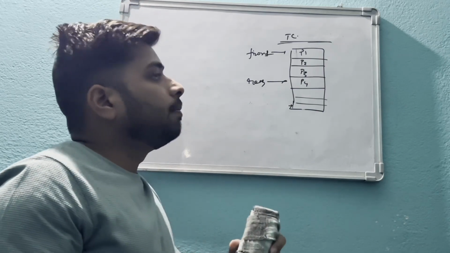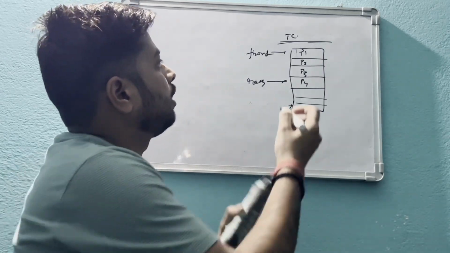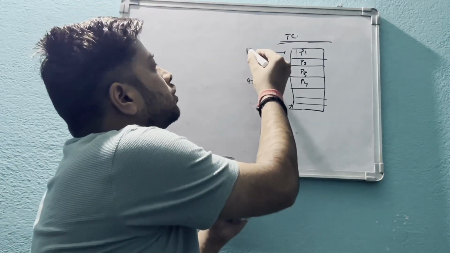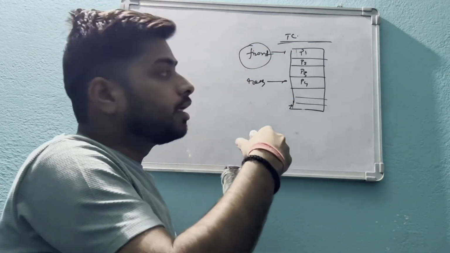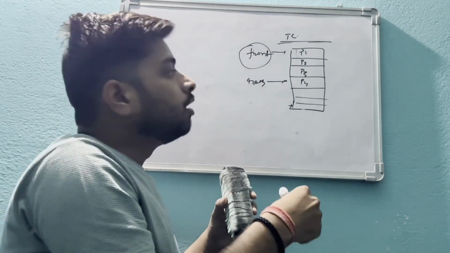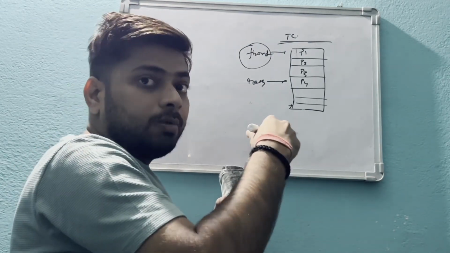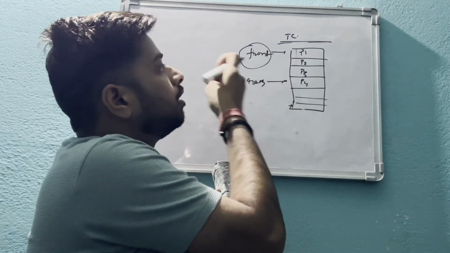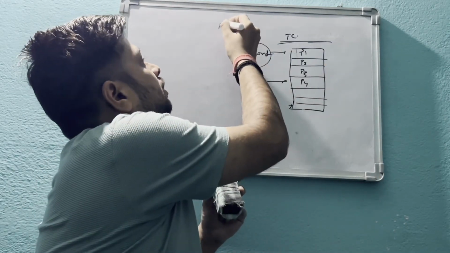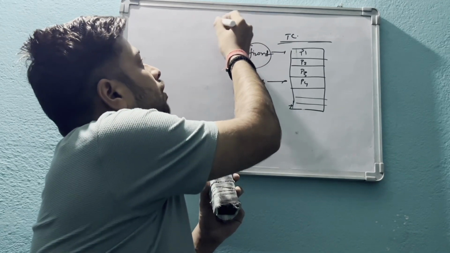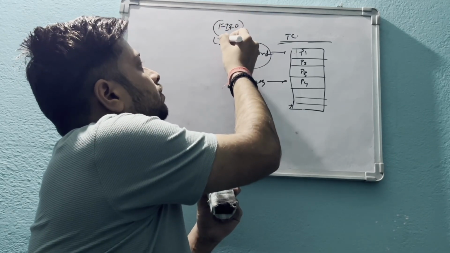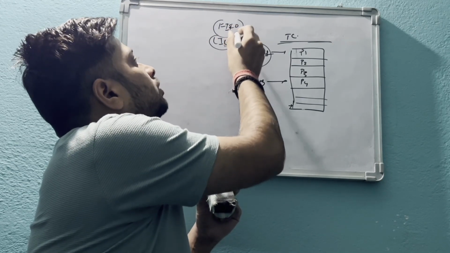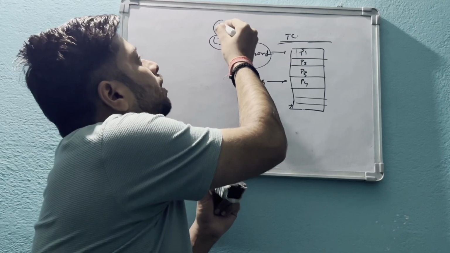If we look into the implementation of the queue, logically, the first person who gets into the queue will be the first person out. So queue works on first in first out, that is FIFO.